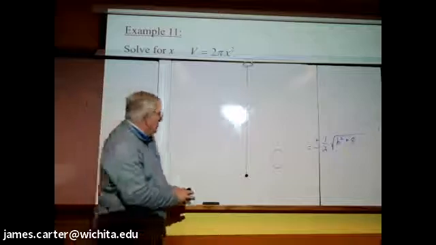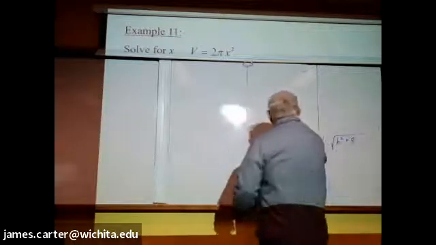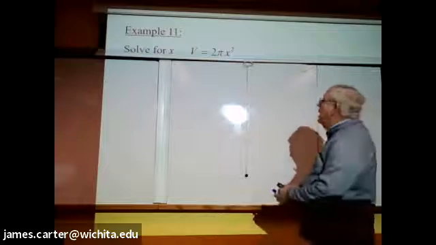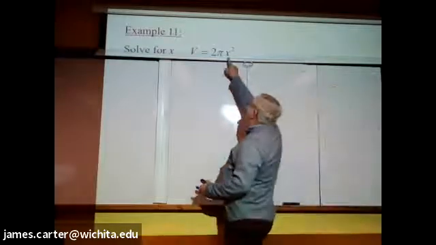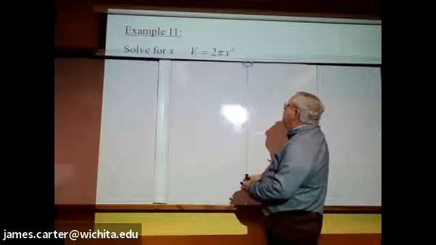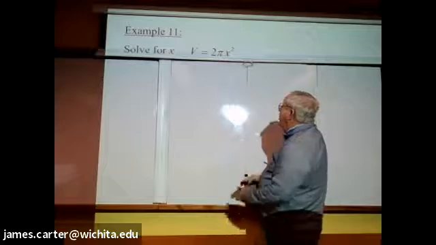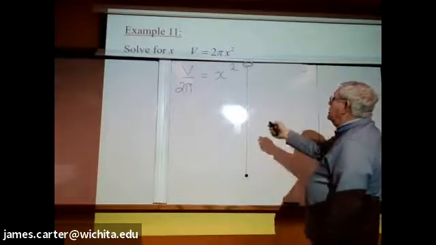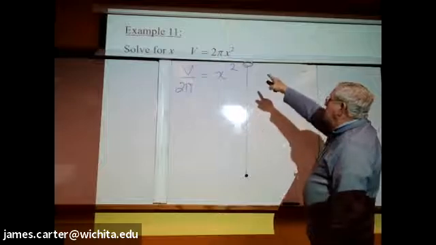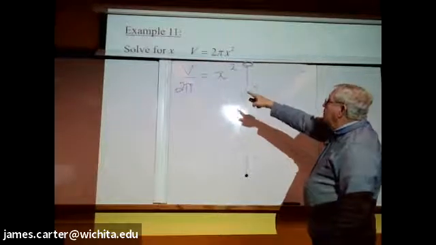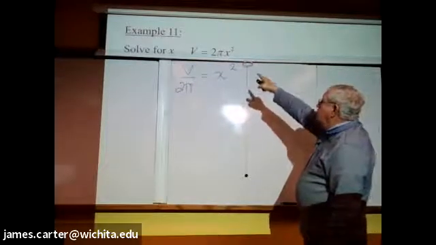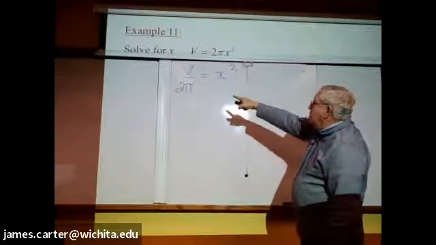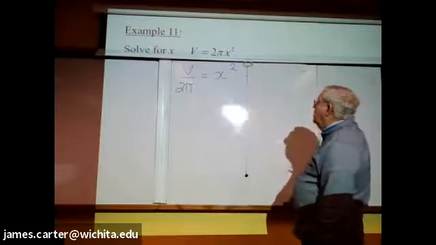Okay, next problem. In this one, we want to isolate x. So we got to get the 2 pi on the other side. How do we do it? Since it's multiplied times the x squared, we got to divide both sides. When we divide 2 pi by 2 pi, it cancels. When we divide v by 2 pi, that's what we get.